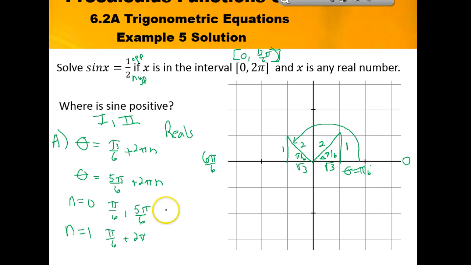So part B, the answers are pi over 6 and 5 pi over 6. That's the only two times that it happens on the interval 0 to 2 pi.